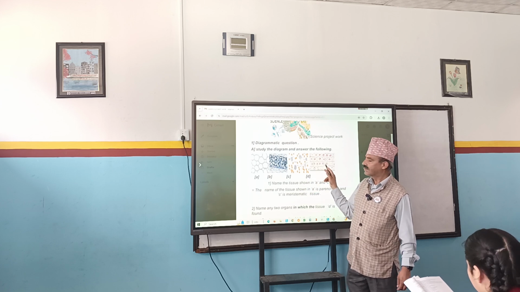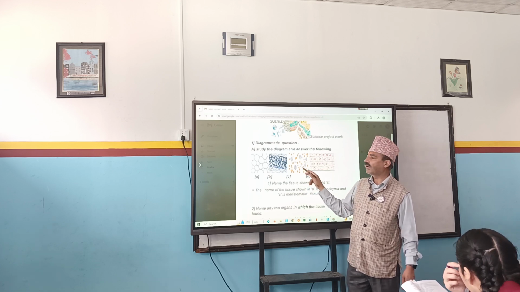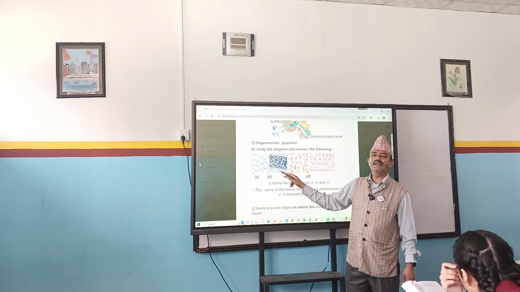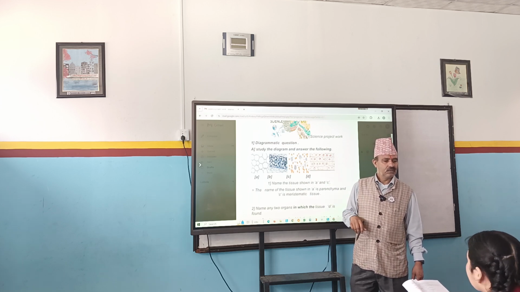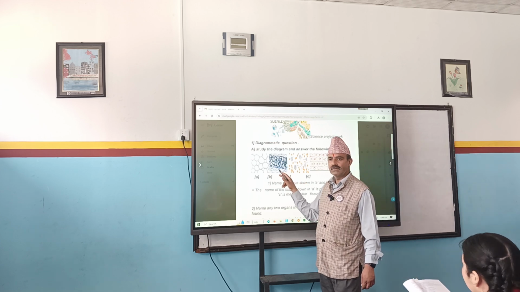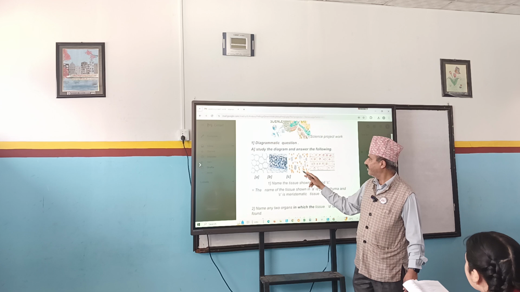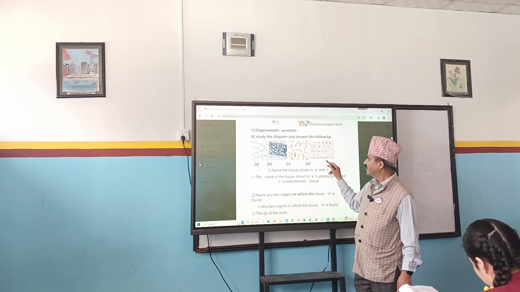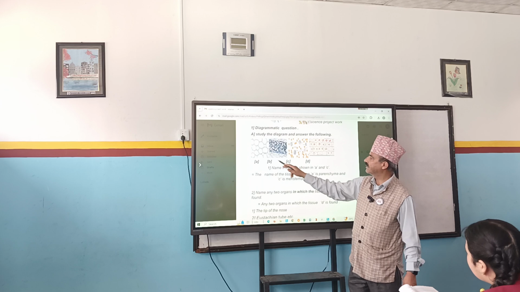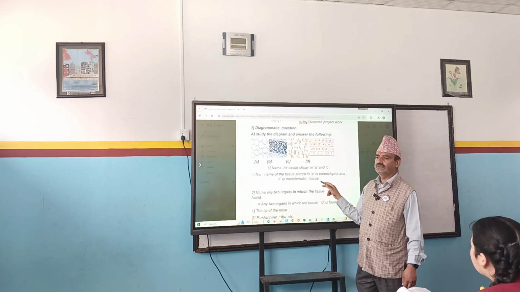And what is this? Meristematic. This is blood. What is this? It is cartilage. Yes or no? It is cartilage. This is parenchyma, this is blood, this is meristematic tissue. So name the tissue shown in A and C. What is A? Parenchyma. And C is meristematic tissue.